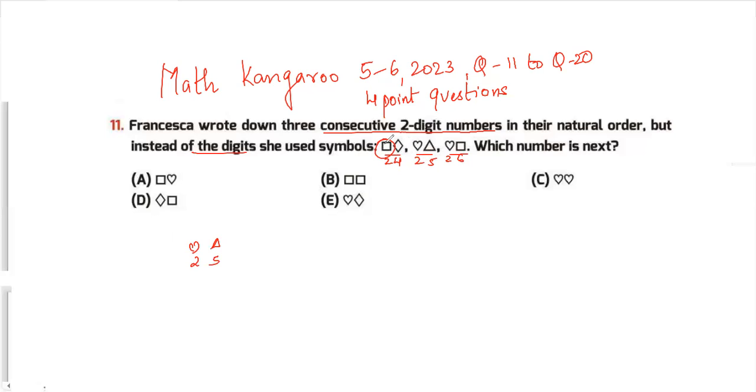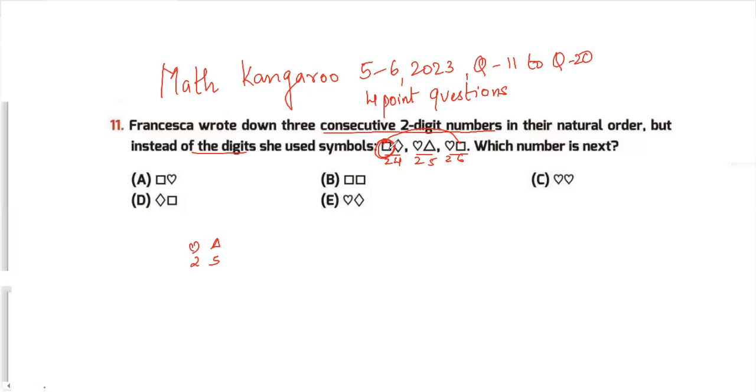But here this digit is different, right? And this is also a different digit. But if you see, this and this are the same, correct? So it has to be a 0, like a 30 or a 20 or something like that. So let's just move on.